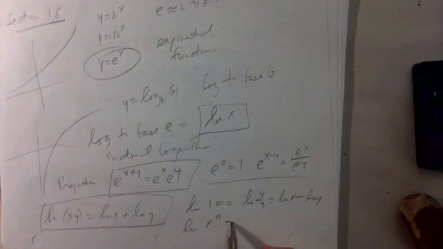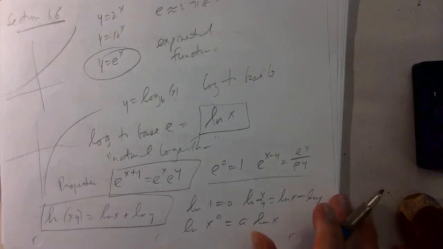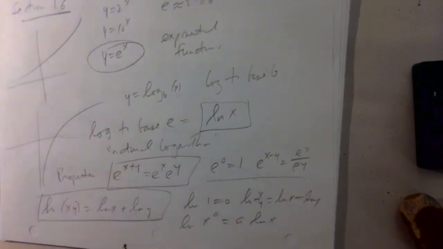And the log of x to a power is a times the log of x. So this is supposed to be review. And I'm putting these down just so you see them, because we're going to use them over and over and over again. But it really is important for you to review the properties of the exponential and logarithmic functions.